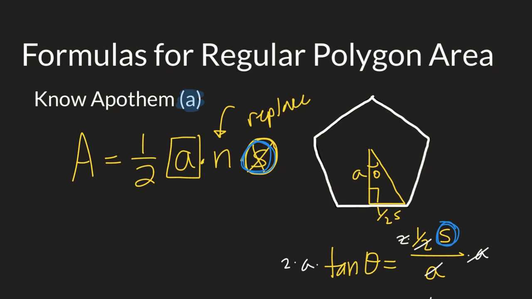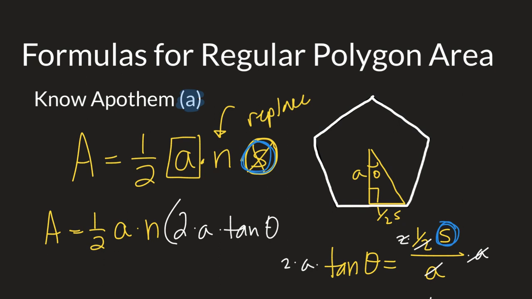So S is 2 times the apothem times the tangent of your angle, and that is what we put instead of S.